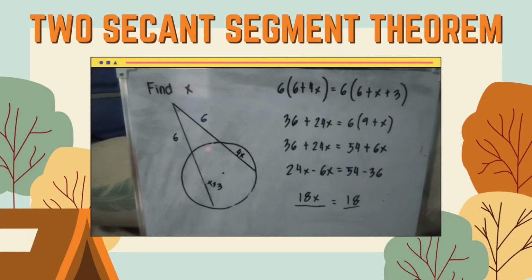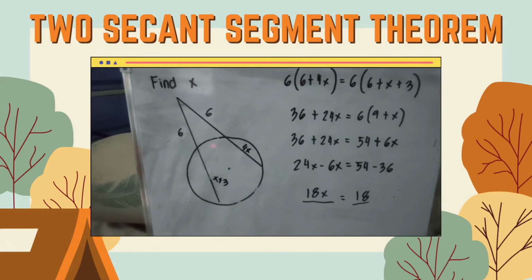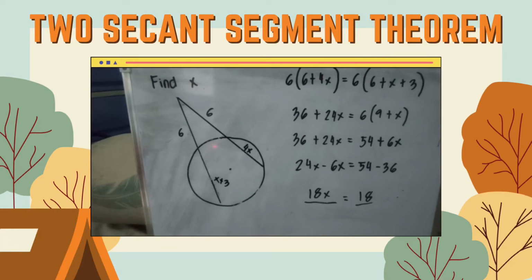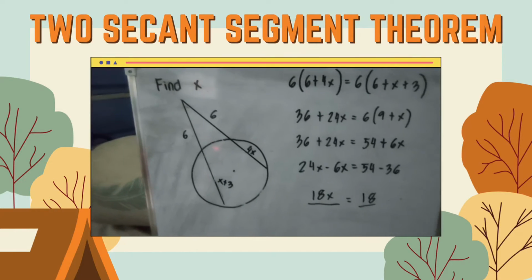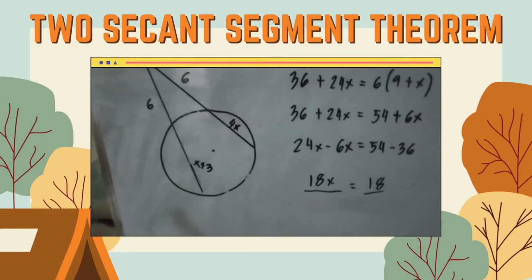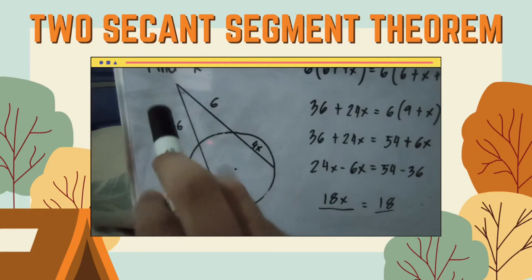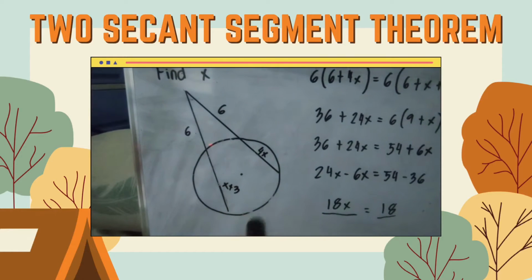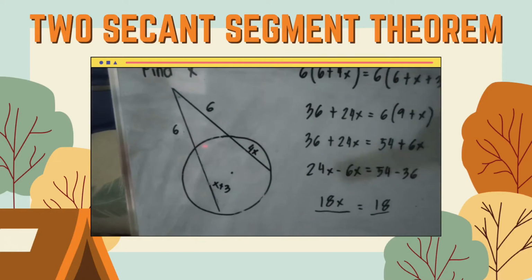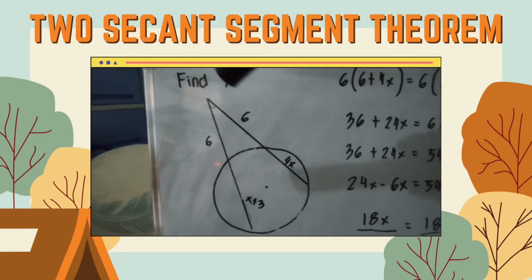So we need to solve this problem. We need to find the value of x. Here is the circle, and these are two secants.